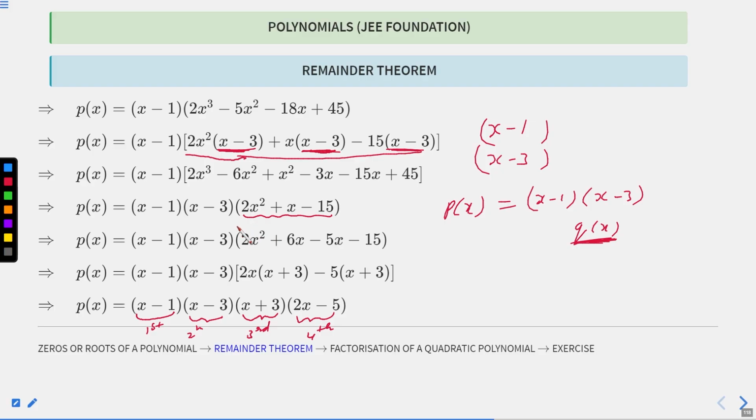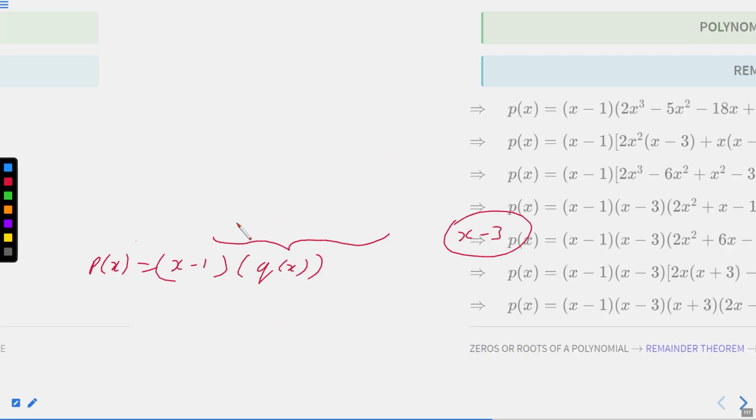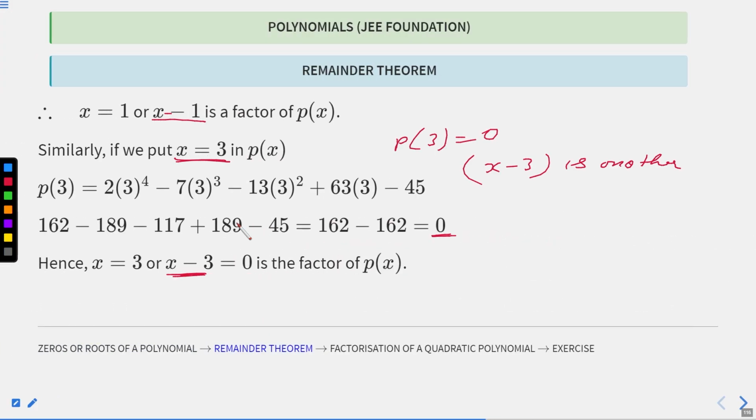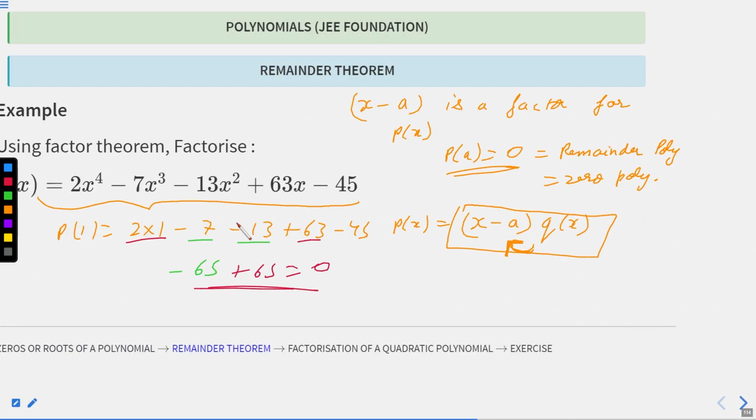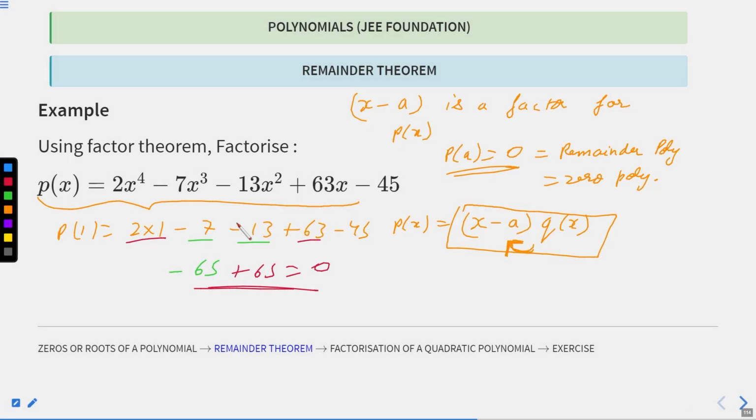Let me again recall the question and the brief steps. If you see back what the question says, the question says that using the factor theorem, find the factors, or just factorize the polynomial given here.